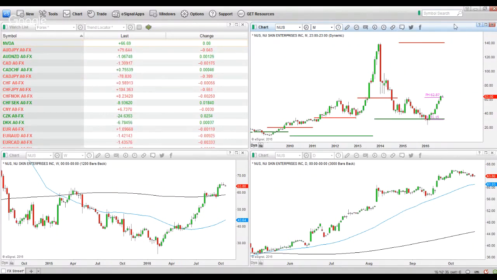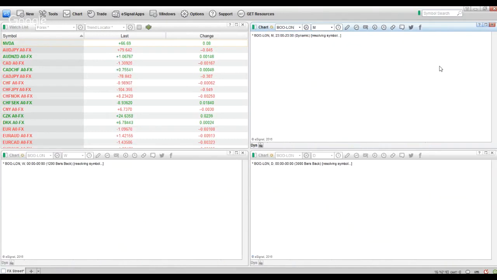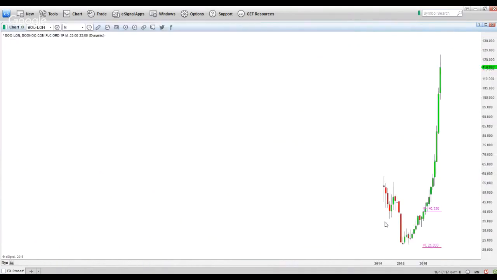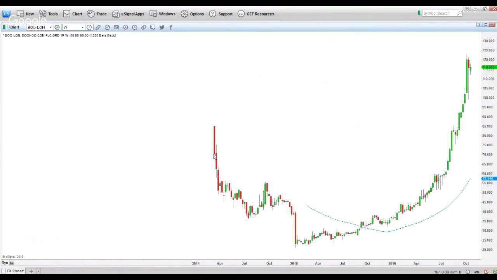Okay, a quick look at a UK stock, Boohoo. I don't know if you're familiar with Boohoo, but I believe it's an online shopping chain. And you can see from around 40, it is now at around 120. If you go to the weekly, above the weekly 50, there is no 200 at the moment because there's not enough data.